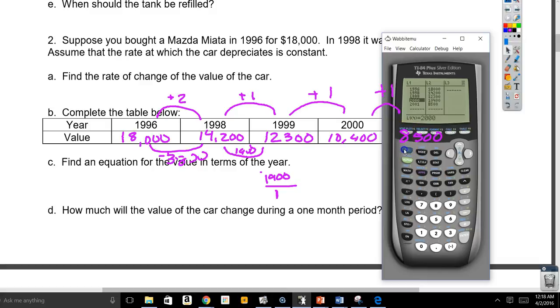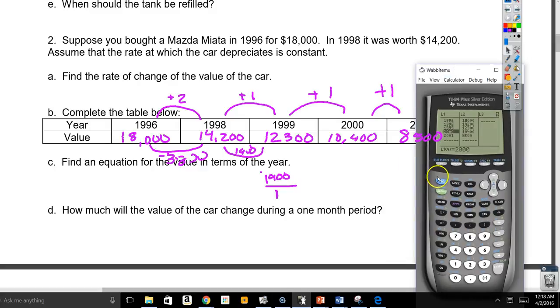I'm going to set up my scatter plot. It's already on. It's in list 1, list 2. So Zoom 9 will set it up for me. Definitely linear. When they told me that it was a constant rate of change, I knew it was linear.